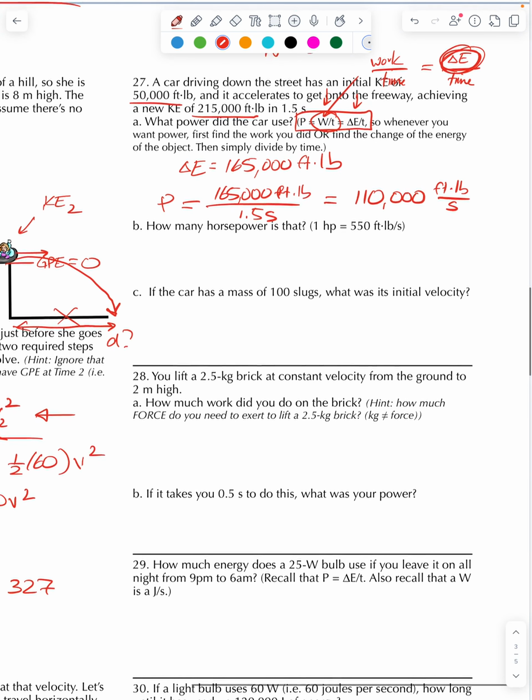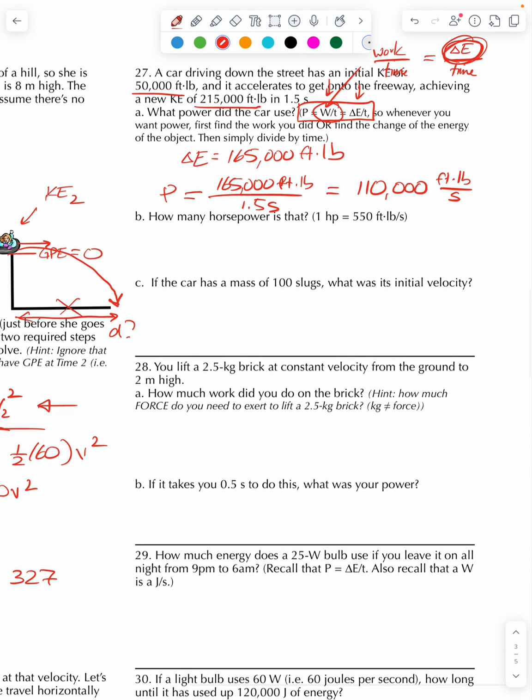How many horsepowers is that? I probably won't ask this, but you should write it down. So it'd just be converting, and maybe just as a reminder for conversion, a little extra practice, we have 110,000 foot-pounds per second. And remember the conversion factor, we're trying to get to horsepower, where that's the conversion factor.